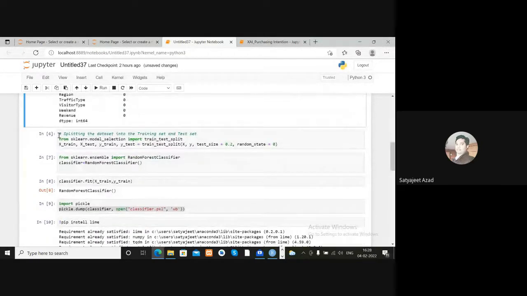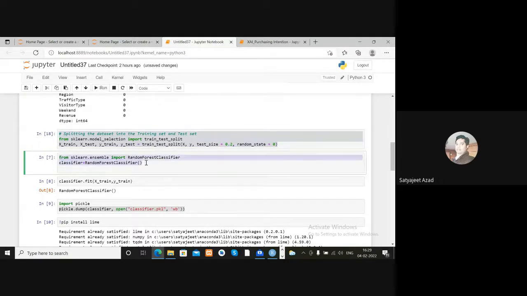Now I'm trying to split the data into training and test sets. In machine learning and deep learning projects, when you are doing any AI or ML project, you typically convert 80% of the data into training and 20% into testing. So I just run the split, and then I run this classification.